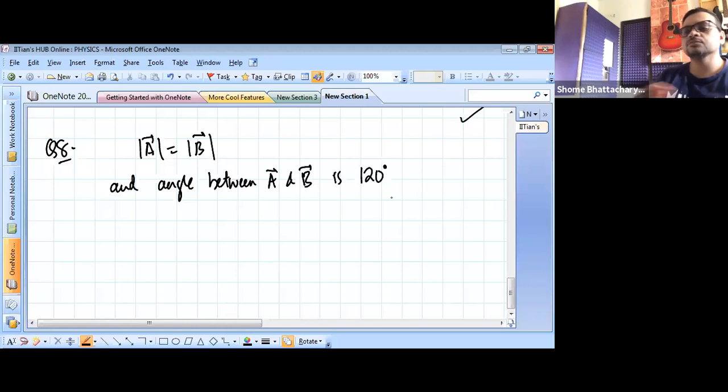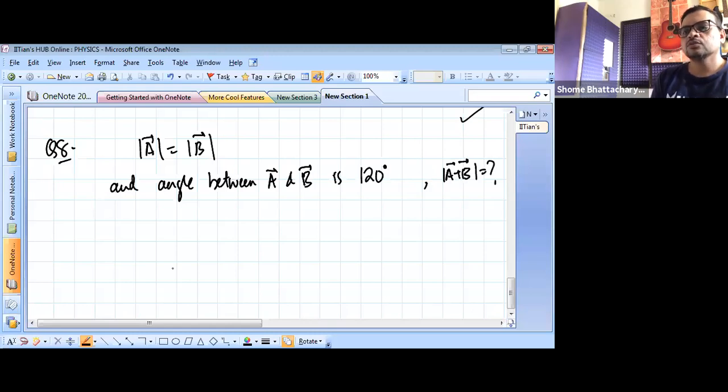So theta has changed from 60 degrees to 120 degrees. Okay. So now we have to decide which of the options are correct. So the options are basically about what is mod A plus B. We have to find that.